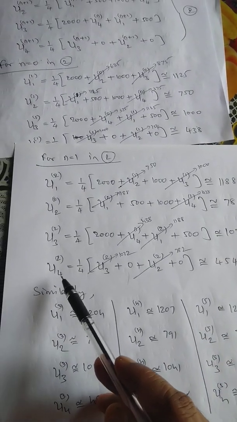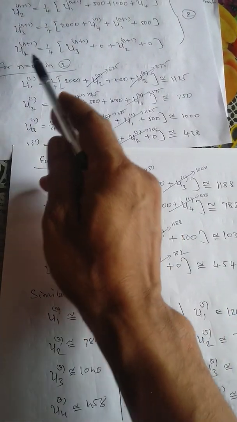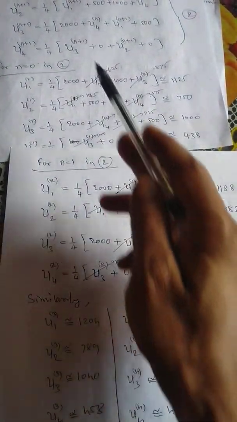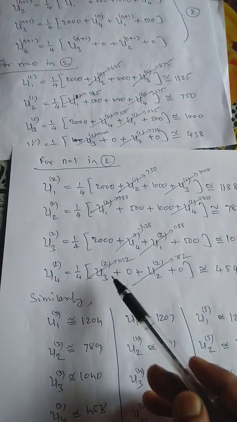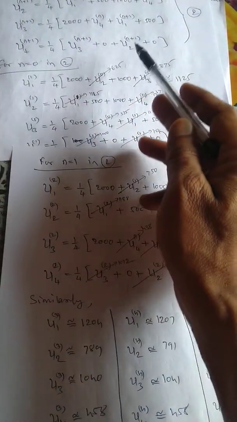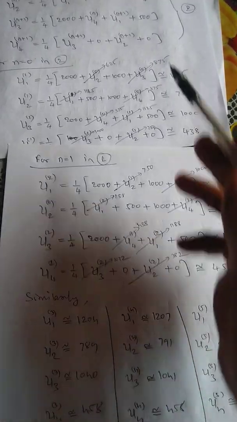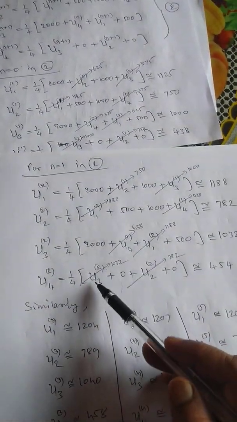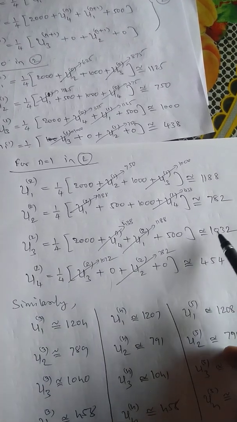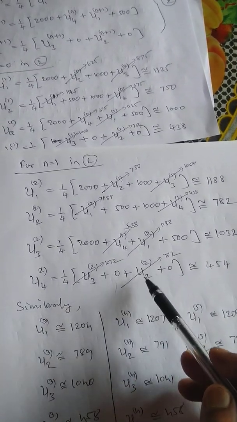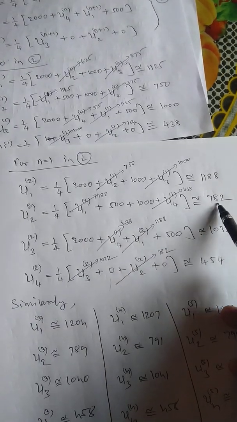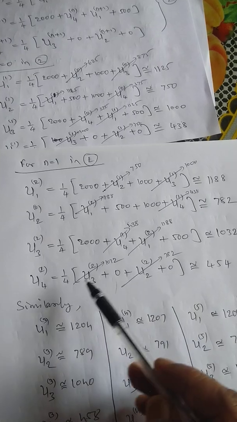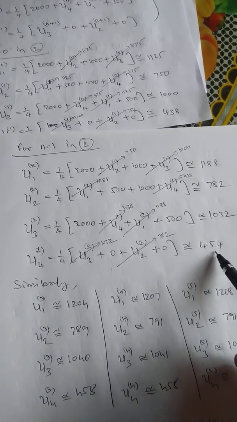And the last equation is putting n equal to 1 in the last equation of the Gauss-Seidel system. So U4(2) is equal to 1/4 of U3(2) plus 0 plus U2(2) plus 0. Substituting for U3(2), which is 1032, plus 0 plus U2(2), which is 782, plus 0, whole divided by 4 is 454.